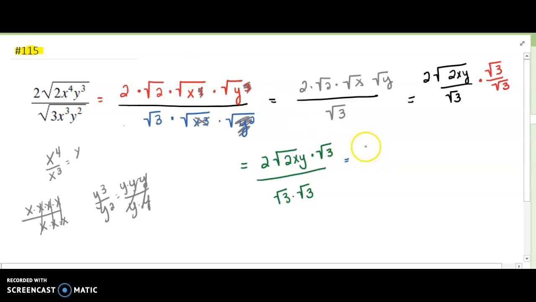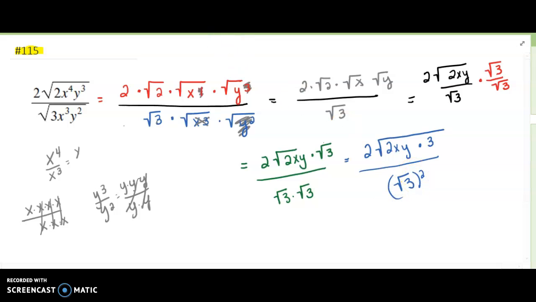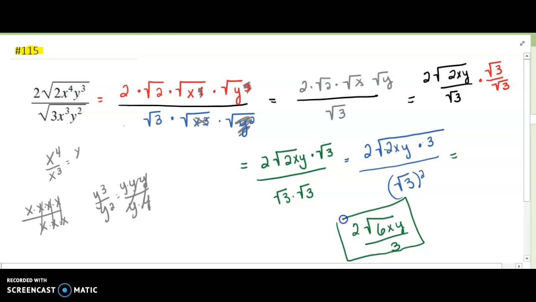Okay, now I can put these under the same square root, 2xy times 3 over square root of 3 times square root of 3, guys, is square root of 3 squared, which equals 2 square root, well, 2 times 3 is 6xy over square root of 3 squared is just 3. That's my final answer.